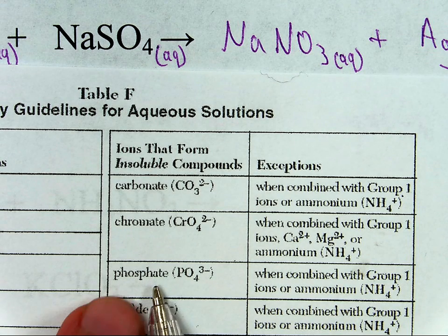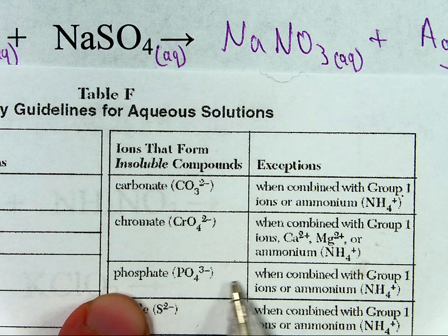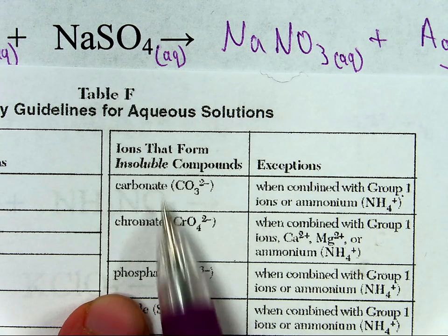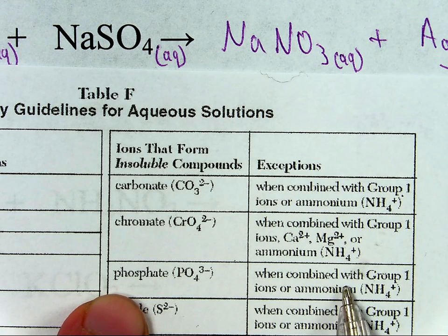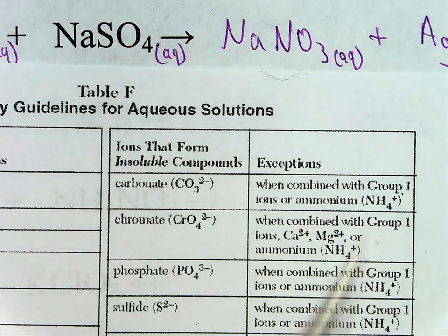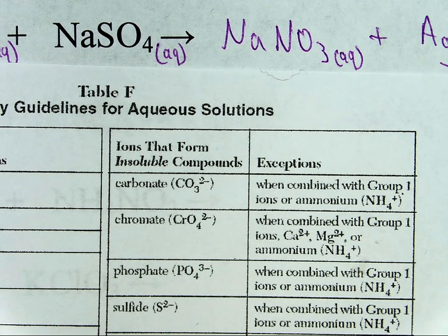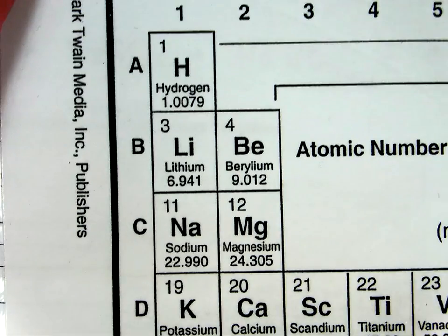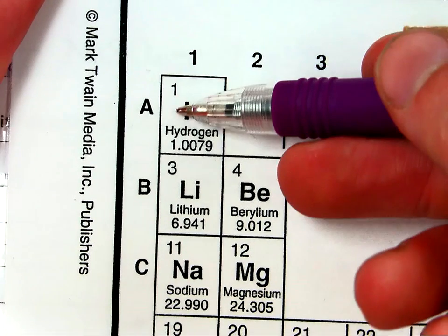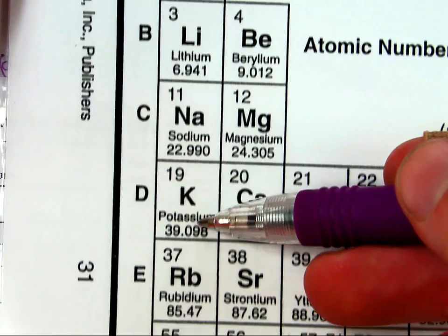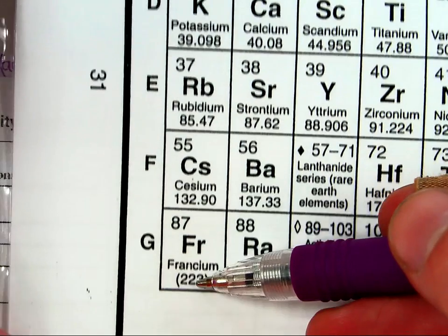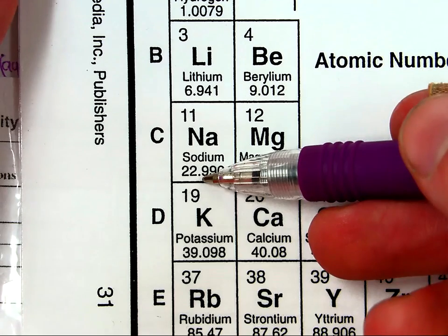Phosphates will not dissolve in water unless they're with group 1 ions or ammonium. Well, what's a group 1 ion? Group 1 ions are all of the things in group 1 of the periodic table. That's all of these things, including, might I add, sodium.